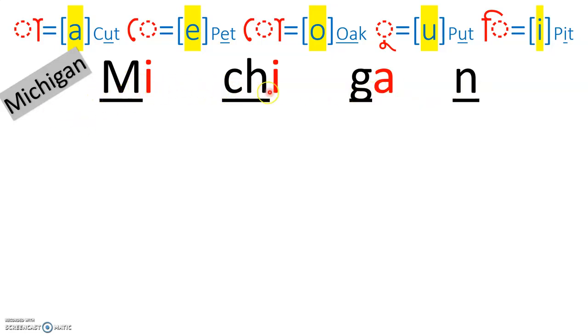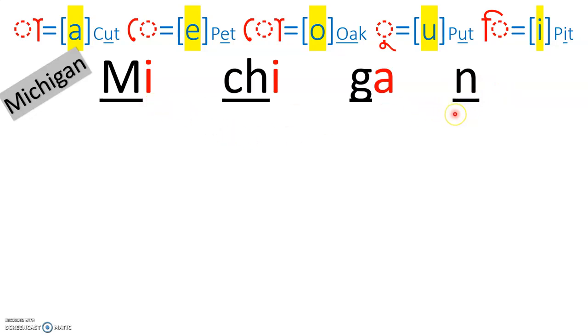Instead of calling it Michigan, in Bengali you pronounce it more like Michigano. So there's a little trick. That's why I have to break it down into 4 letters. I know I say almost all words, but this is the exception. This one is not 4 syllables, it's 3 syllables, but because of the last letter, it's gonna sound like 4 letters in Bengali.